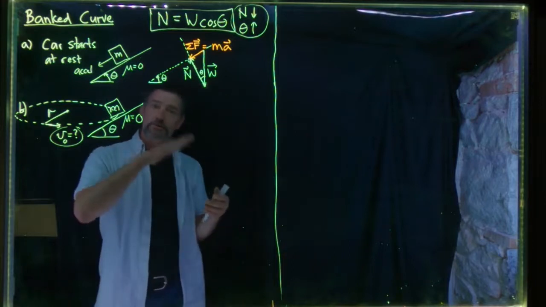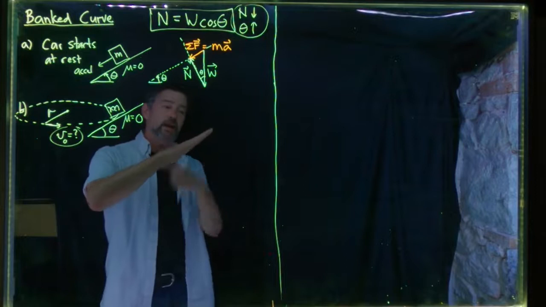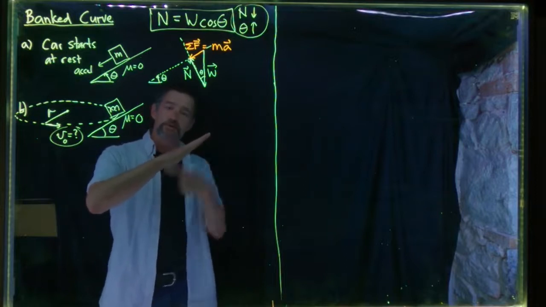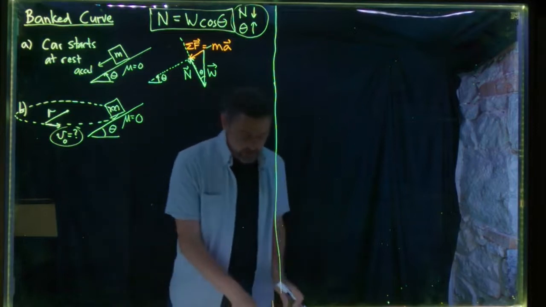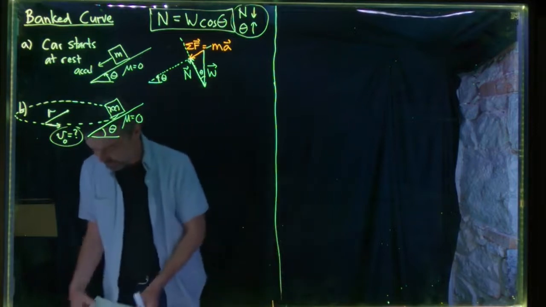Horizontal circle, vertical circle, circle at any angle, all the forces at any instant have to add up to mv squared over r towards the center. That's a crucial aspect about circular motion.